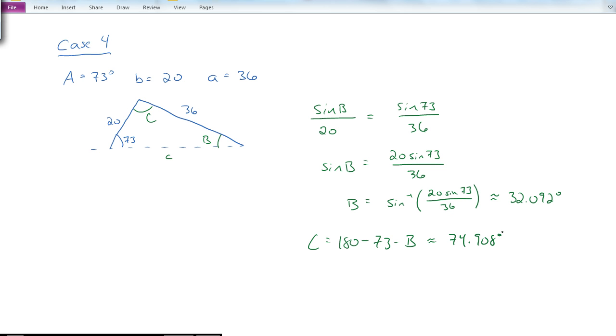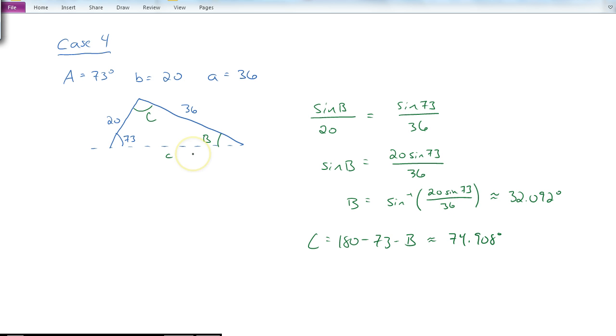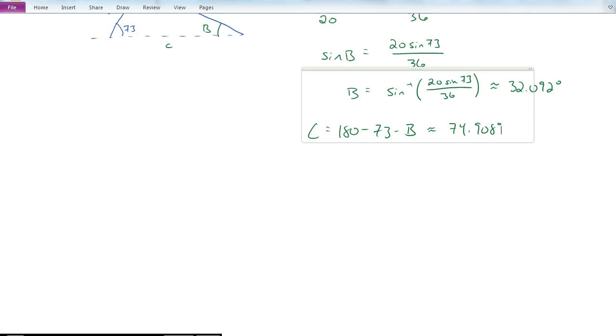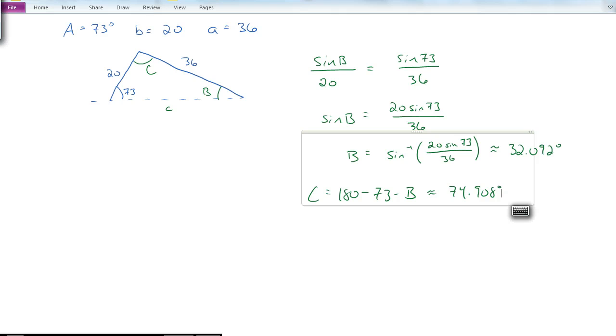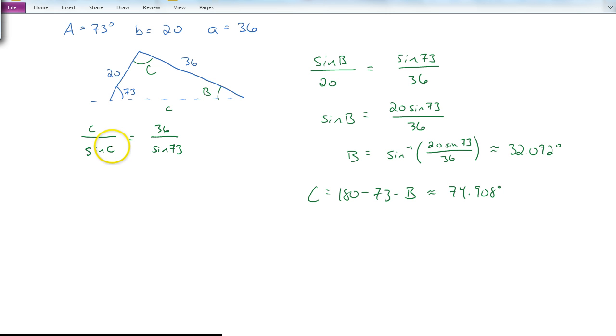degrees. And then I can figure out side C by doing another law of sines with the other information. So I can say here that we have C over sine C should equal 36 over sine 73. I know angle C. I'm still writing it as a letter, but I just don't feel like writing down all those numbers. So side C is equal to 36 sine C over sine 73.